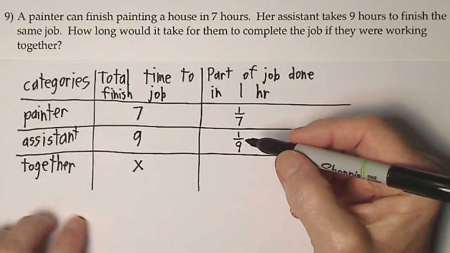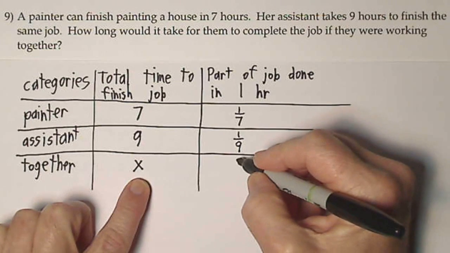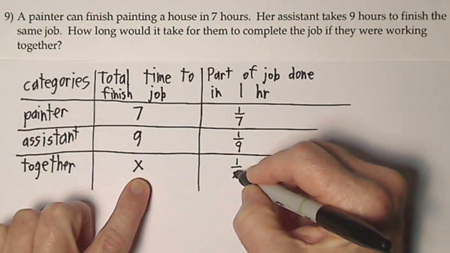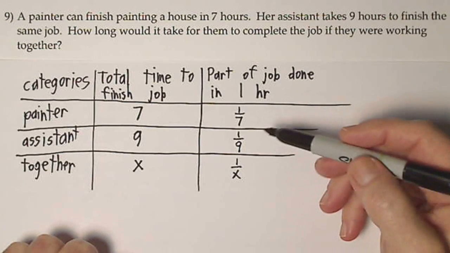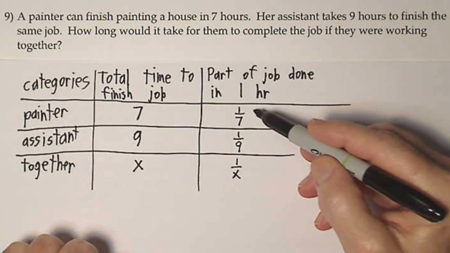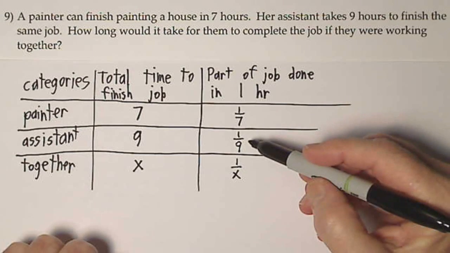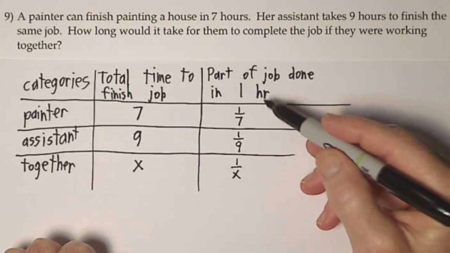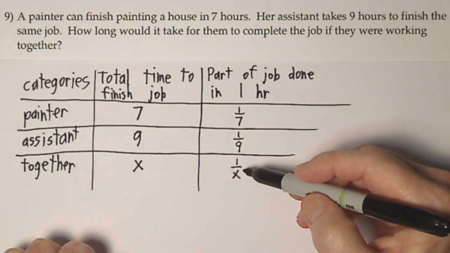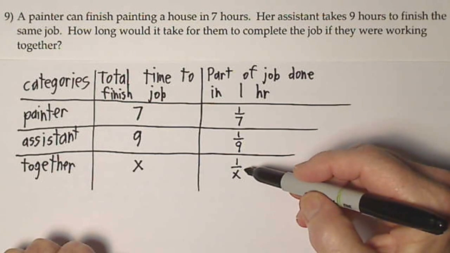That looks more like a 9. And when they work together, we don't know, but it's the same pattern, 1 over x. Okay? And if we take this much of the house painted and add it to this much of the house painted in 1 hour, it's going to equal this much of the house painted in 1 hour.